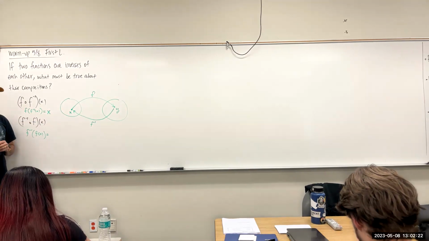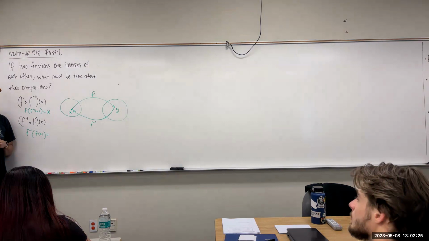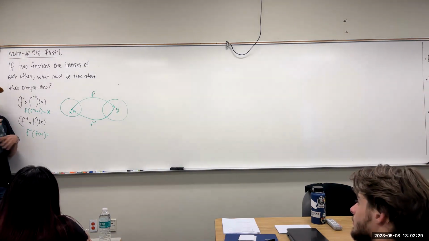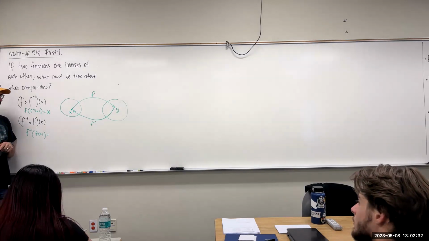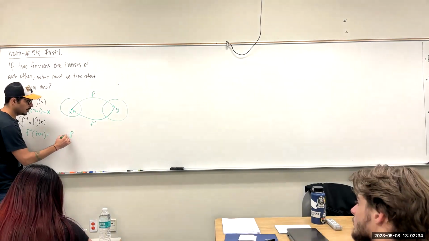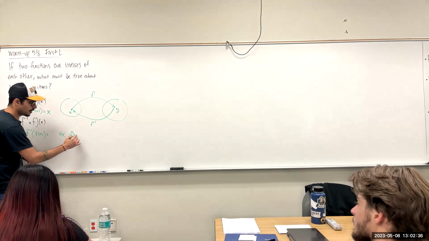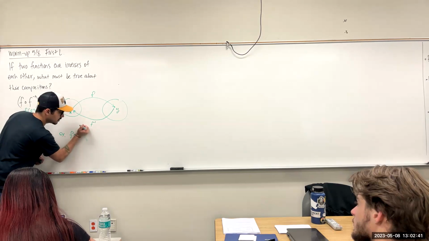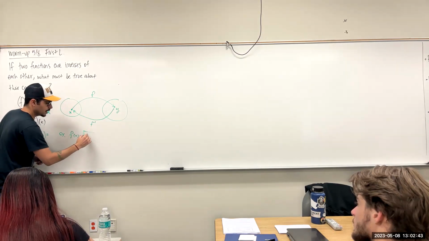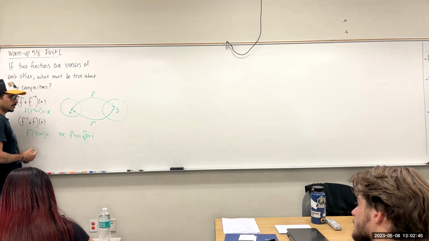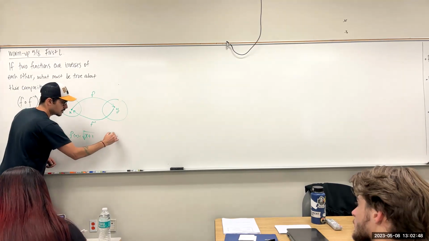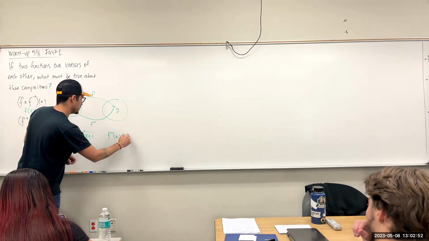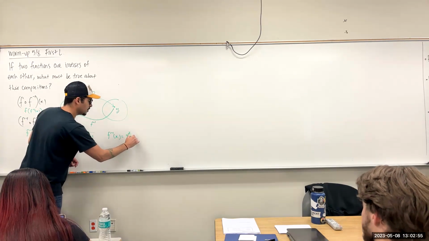Is this the problem where we always have to switch the X into Y before solving it? That's when you're trying to find F inverse, correct. So let me give you a simple example. Let's say F of X was the square root of 1 plus X. The inverse is going to be X squared minus 1.